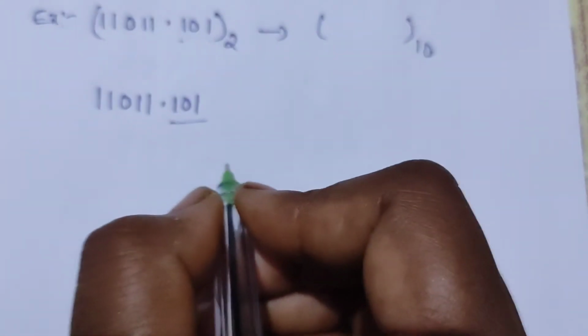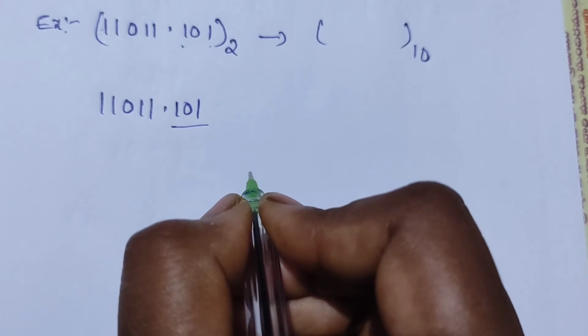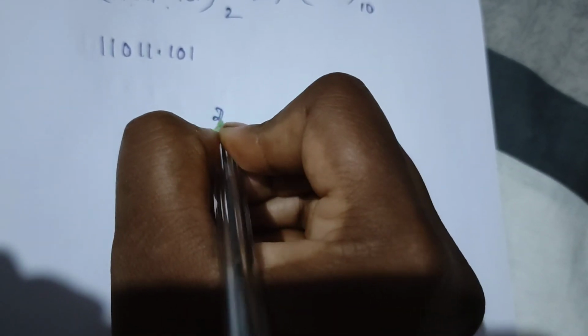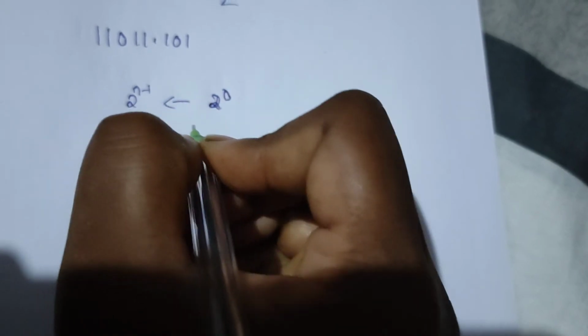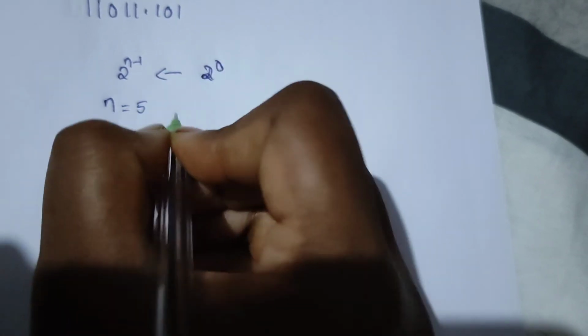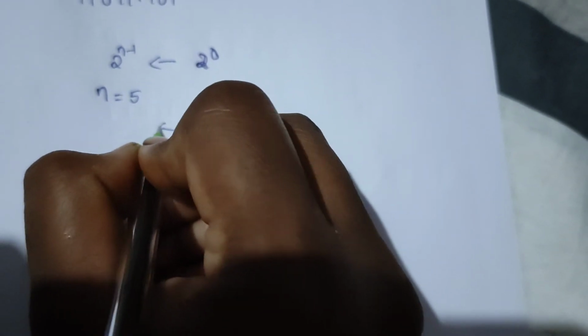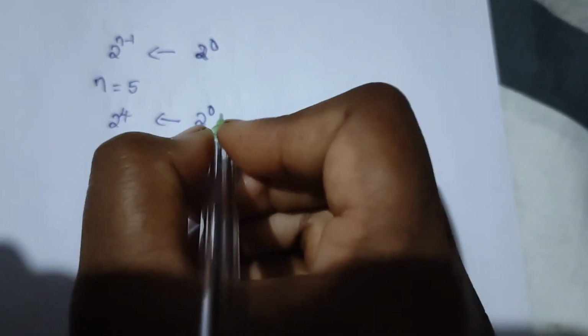For the non-fractional part we increase the powers of 2 from 0 to n minus 1, where we have n bits. Totally we have n equals 5 non-fractional bits, so from LSB to MSB the powers increase from 2 power 0 to 2 power 4.